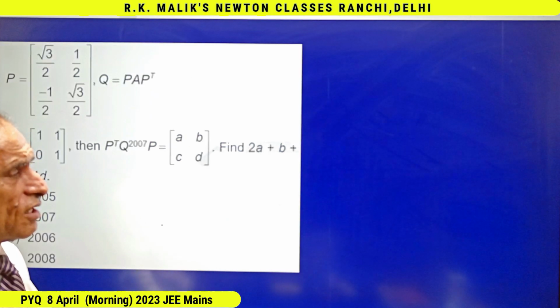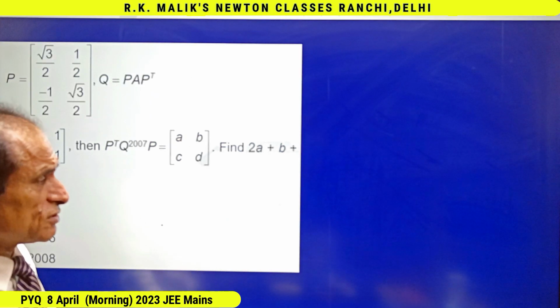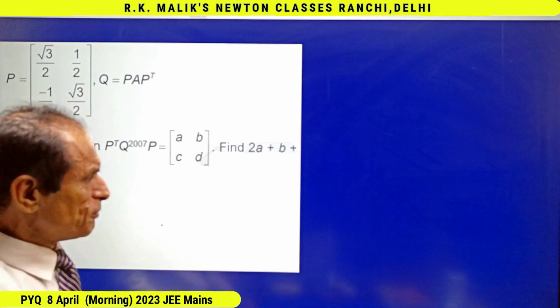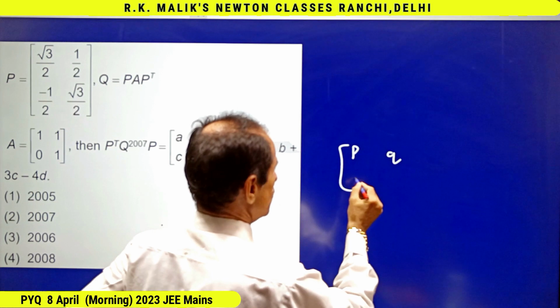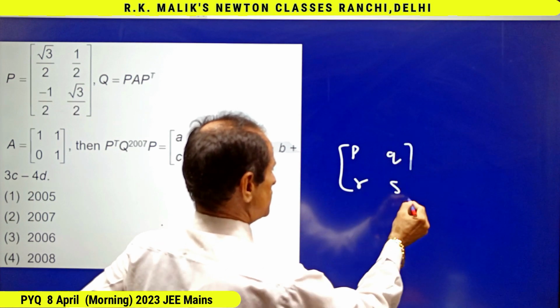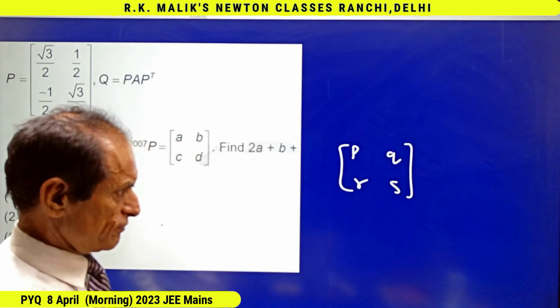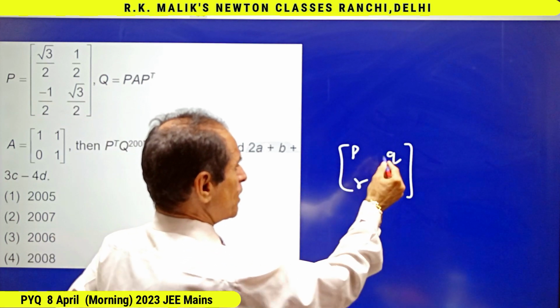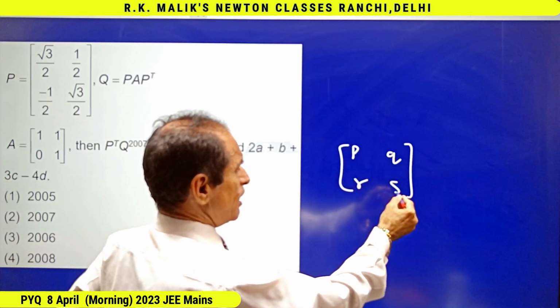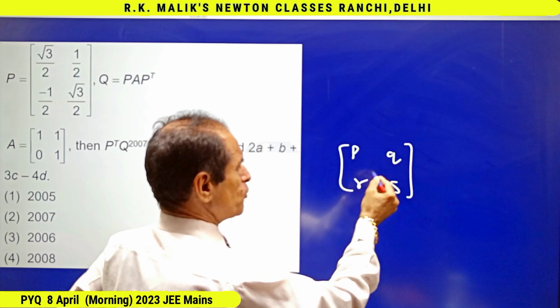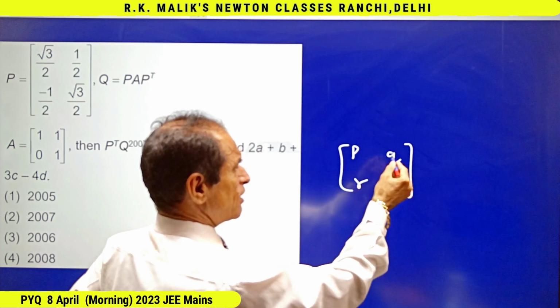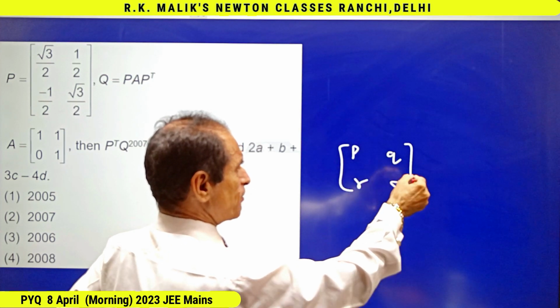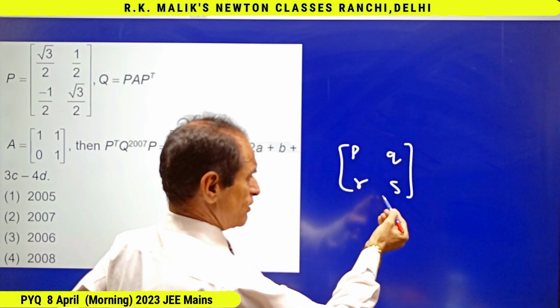For doing this question, remember this concept. Suppose P, Q, R, S is a 2 by 2 matrix in which PR plus QS is 0, PQ plus RS is also 0, and the value of the determinant of this matrix is 1.